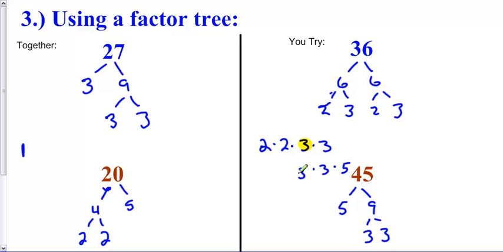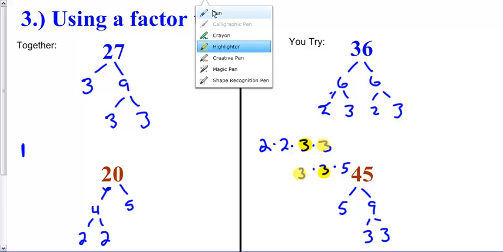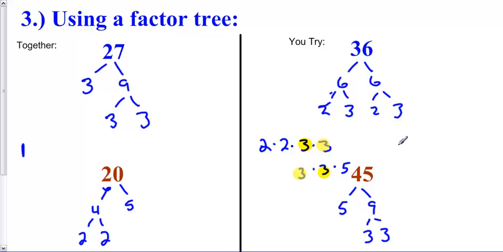What numbers are the same? Well, they've both got a 3 and a 3. So what I do now is I multiply the numbers that they have in common. So what is 3 times 3? 9, and that is my greatest common factor.